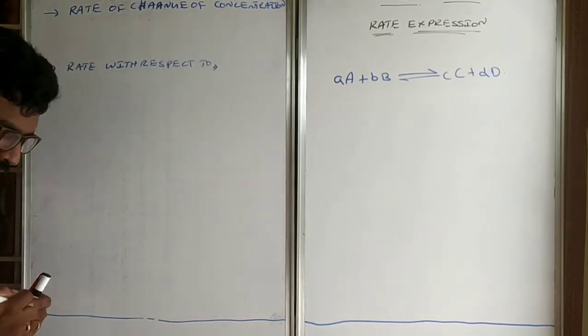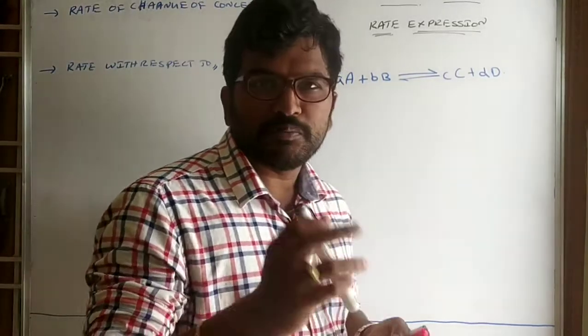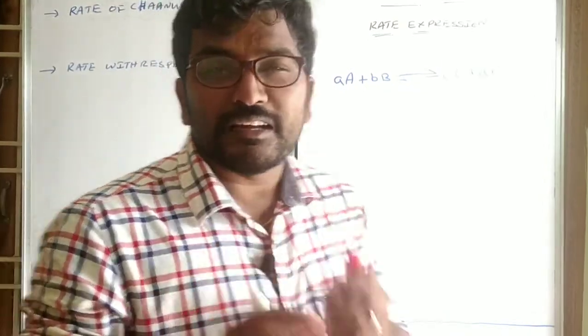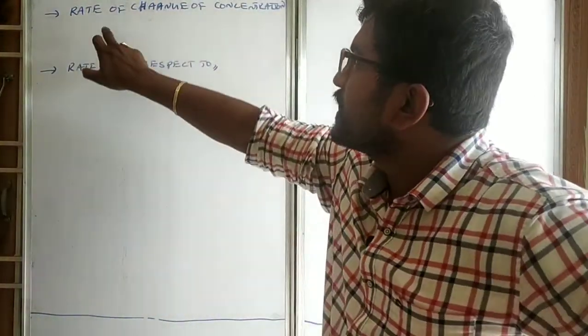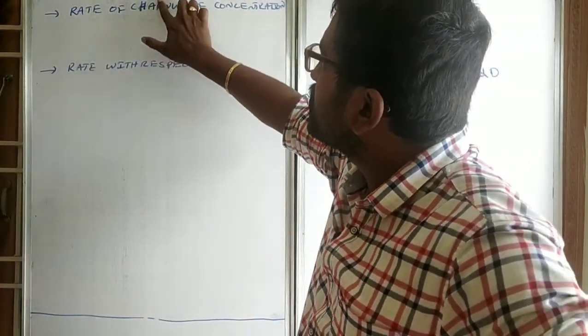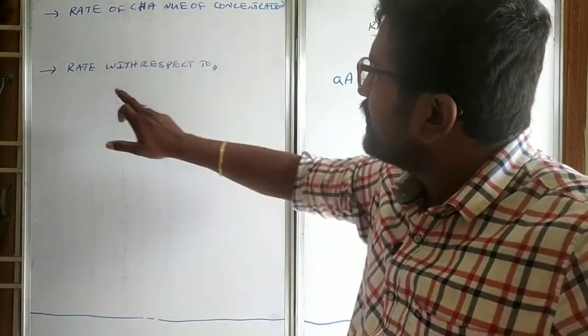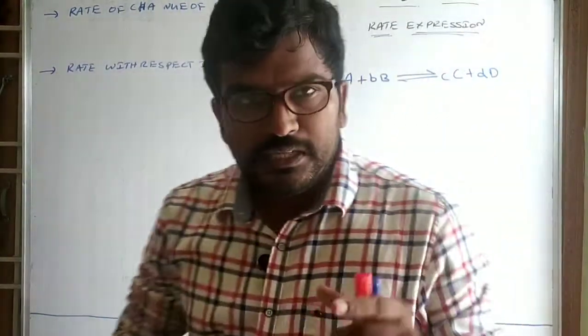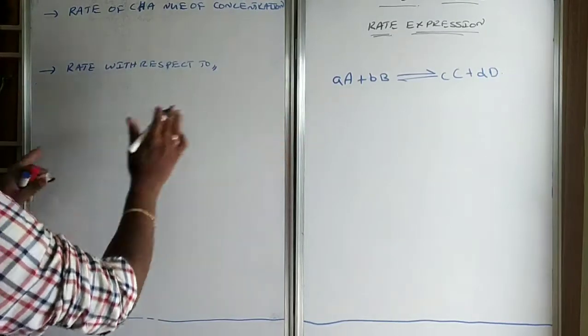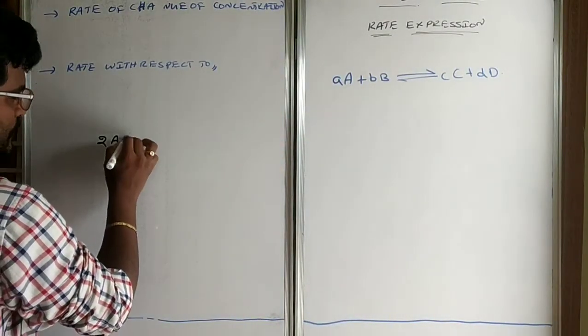There is a very important and strong relation between these two. The highly confusing corner is these two things: rate of change of concentration, and rate with respect to. Before going there, I will explain this.